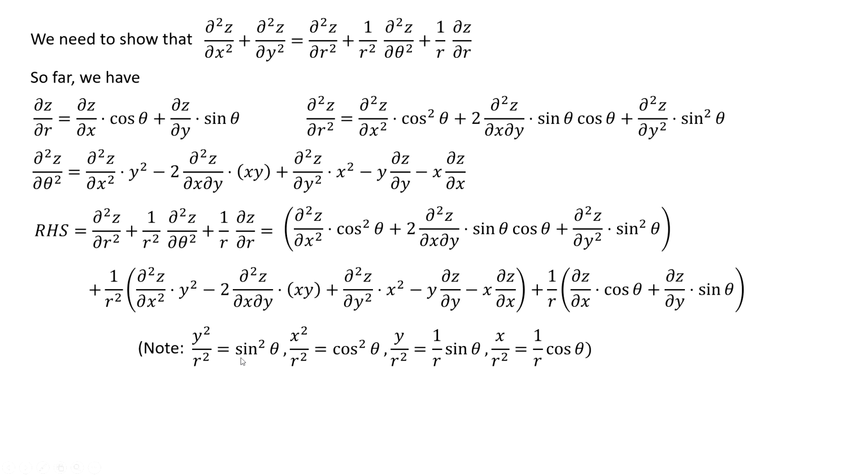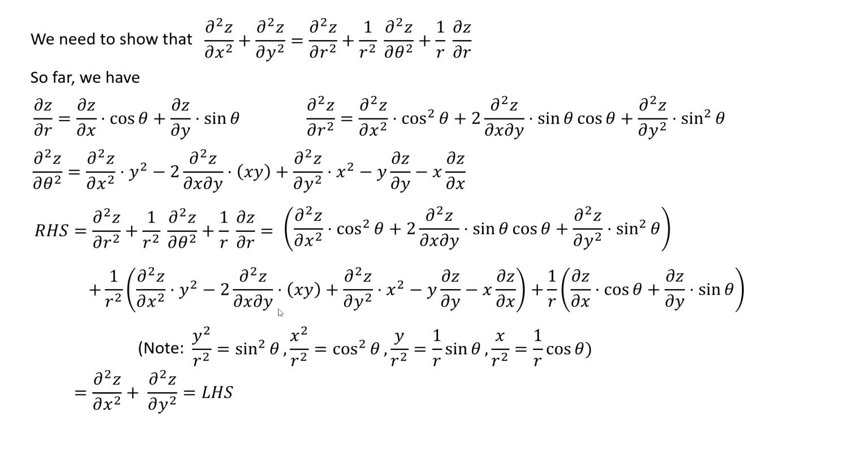That's because y equals r sine theta and x equals r cosine theta. And also y over r square would be r sine theta over r square, which is 1 over r sine theta. X over r square is 1 over r cosine theta. Why am I looking at it? There are going to be some substitutions that I would be making.